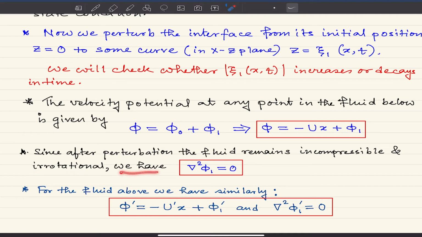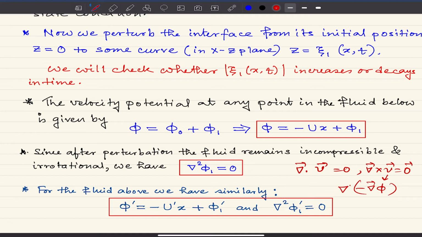Then we can say that the total phi will also, if you know that for a system like the V is such that divergence of V is 0 and curl of V is 0, then of course V is equal to minus gradient of phi, and since divergence of this is 0, you can actually write this is 0, so the phi actually satisfies the Laplace equation.